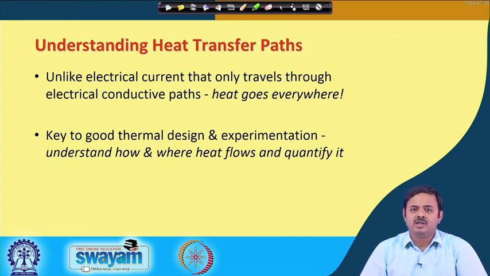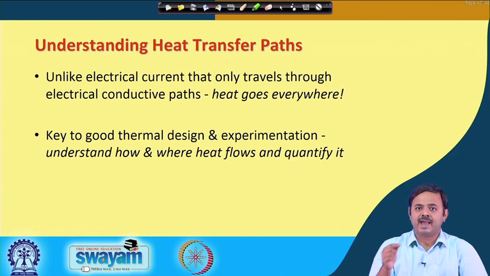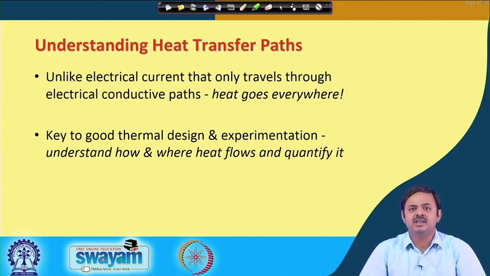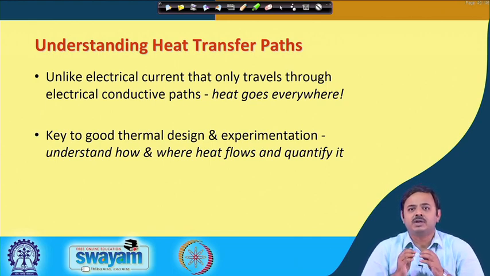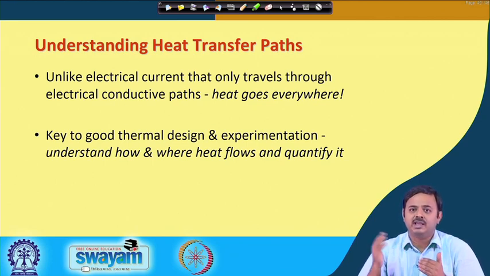Okay. Now, there could have been a parallel path from the junction to the package to the substrate to the motherboard, then to the ambient. Okay. So, these are then two parallel paths, and then there can be multiple ones, we will see some of those. So, what I am trying to say is, it is very important to understand the heat transfer paths, what are the different routes the heat, the thermal energy, can take while flowing from point A to point B. Okay.